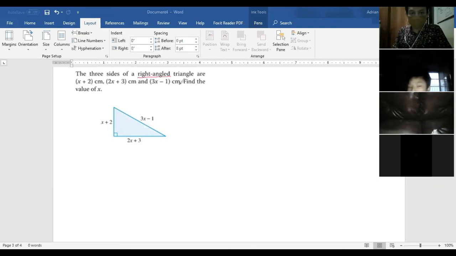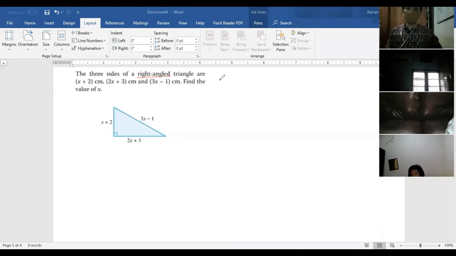What is the concept that can be applied to a right angle triangle? Yes, correct, Pythagoras. Yeah, Pythagoras.